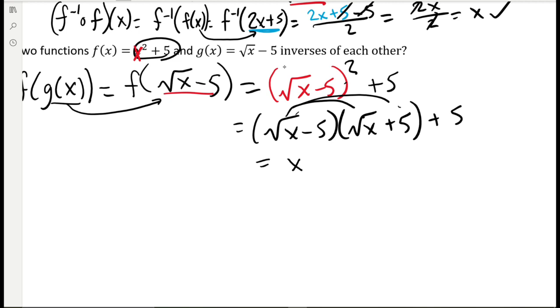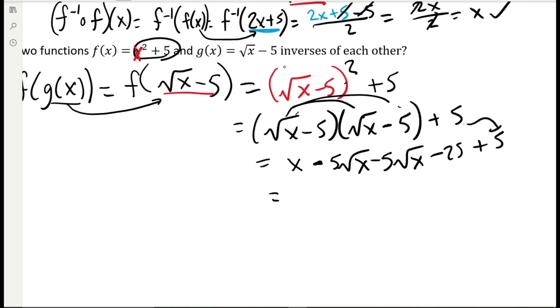Square root of x times 5 is 5 square root of x. Negative 5 times square root of x is negative 5 square root of x. And then negative 5 times positive 5 is negative 25. And then of course we've got the plus 5 that we bring down from earlier. I'm sorry, this should be a negative. I switched the sign. So this is going to be a negative 5 instead of a positive 5.